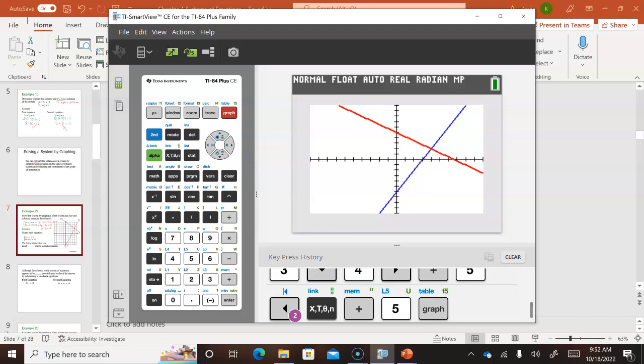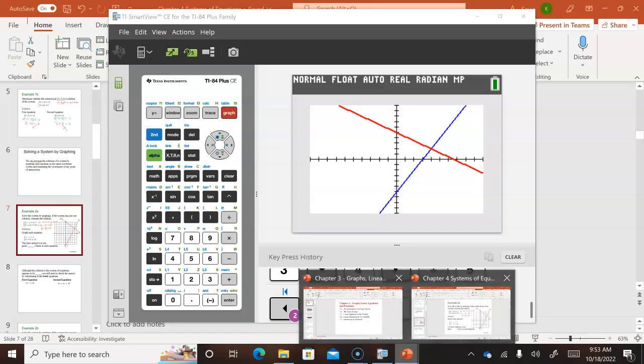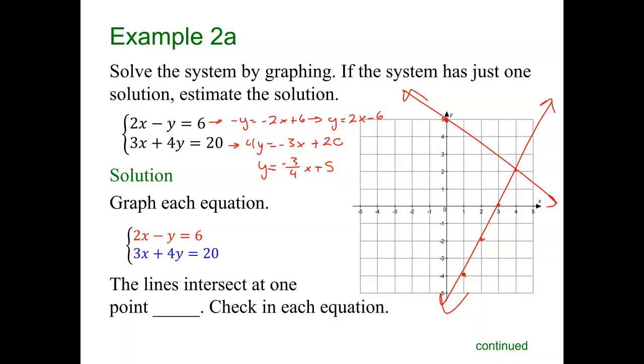So it looks like our graph is intersecting at 4, 2. Now, that doesn't mean it is intersecting at 4, 2. It could be 4.1 and 1.9. It could be something really, really close and just off by a little bit. So the graph gives us an estimate, and when we look at the graph, we say, okay, it's about at 4, 2. So that's where it looks.